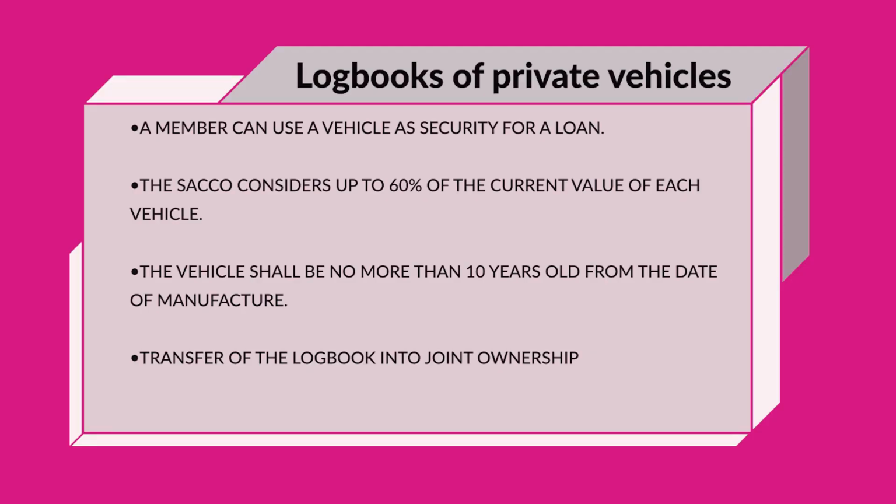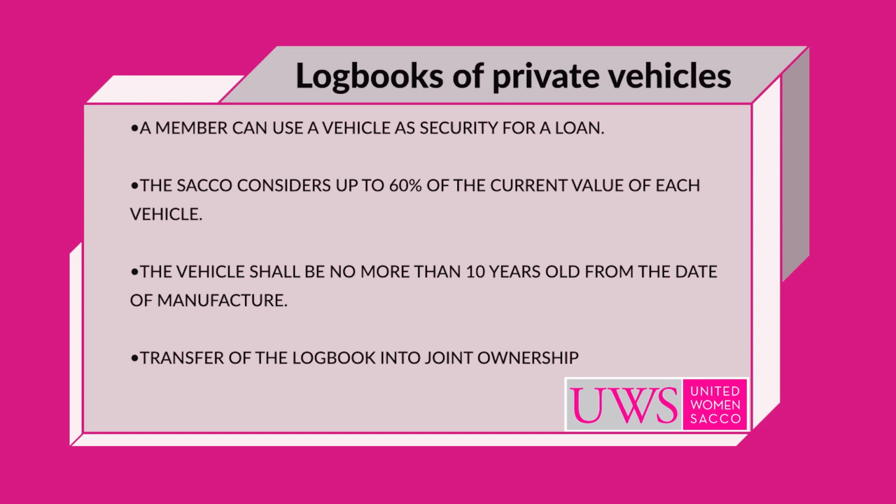So a member can use a logbook as security for a loan up to the extent of 70% of the current value of the vehicle. And the vehicle shall not be more than 10 years. Going forward, it will be a motor vehicle that is 5 to 6 years. Logbook in member name. What will you be required to provide?